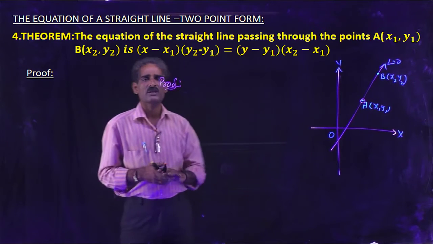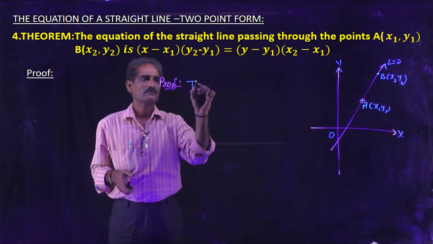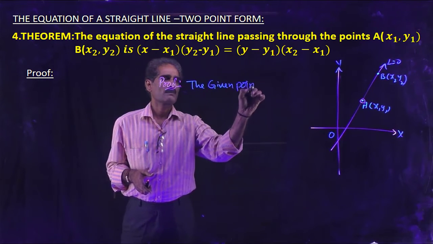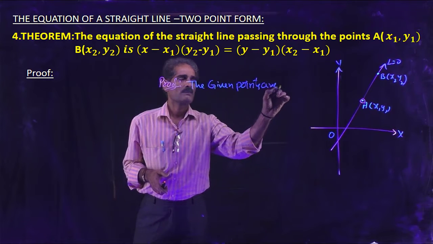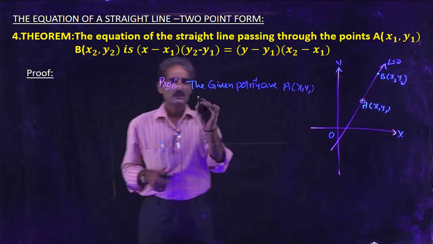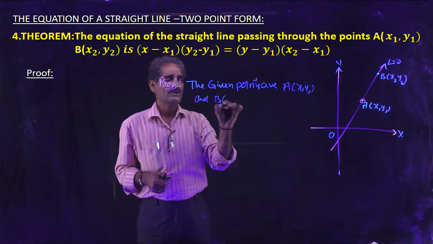The given points are A (x1, y1) and B (x2, y2).